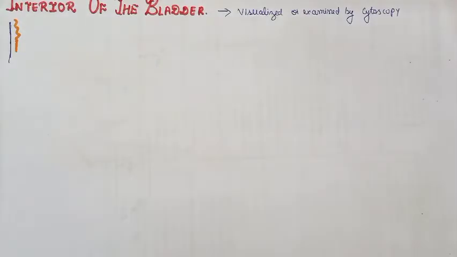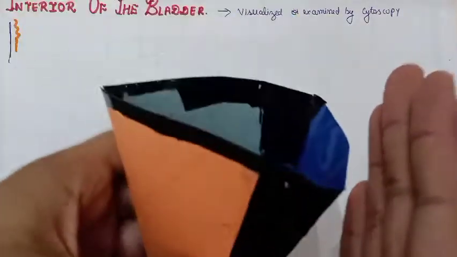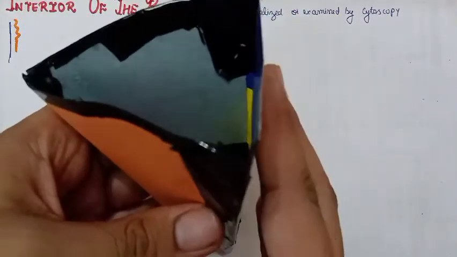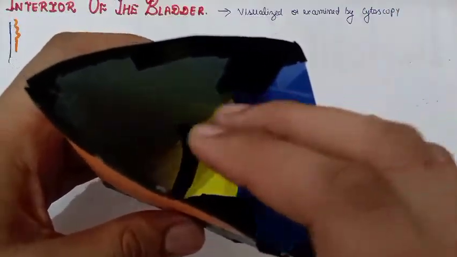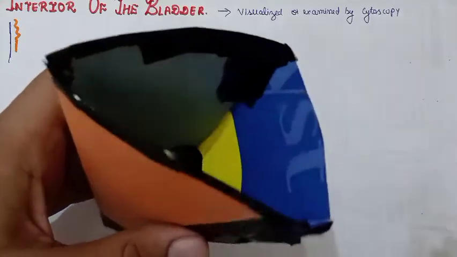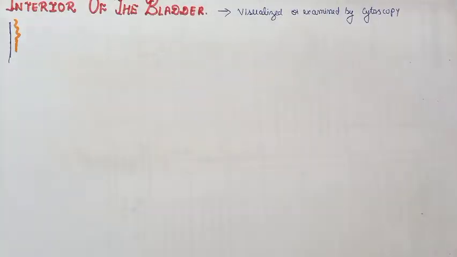On the posterior aspect we have the base, and on the interior aspect of the lower part of the base, we have a region where the mucosal folds are firmly adherent to the muscular coat.